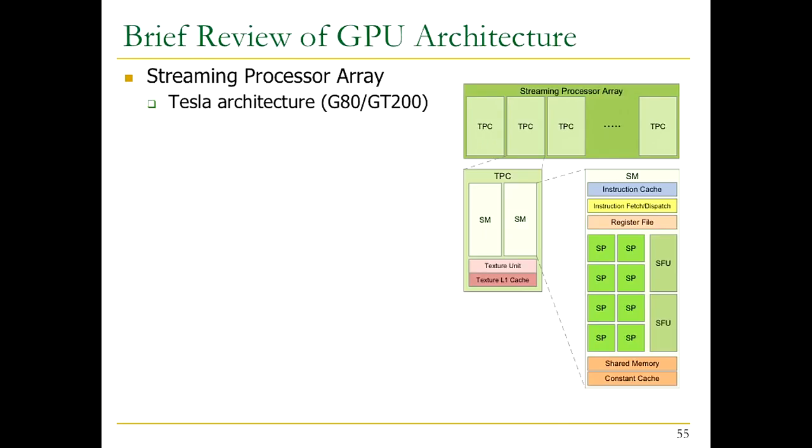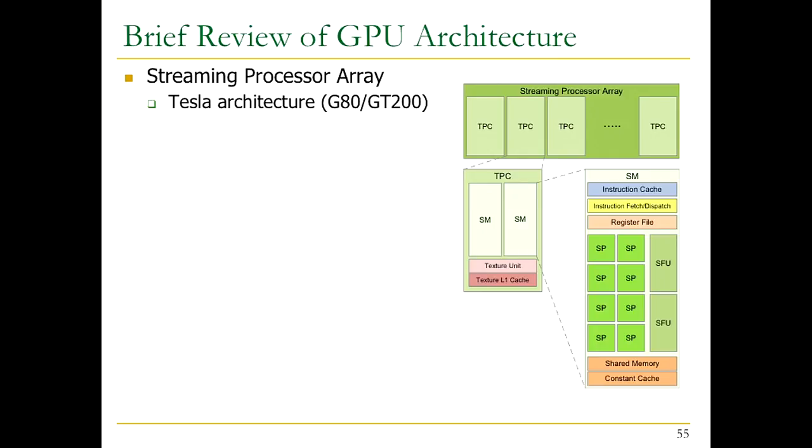We had 32 threads in a warp, and we need to execute these 32 threads on top of these 8 cores. We don't have 32 cores in this case. We have 8 cores. So how are we going to do that? We are going to schedule 8 threads in one cycle. So that's why it was represented that way in that slide.